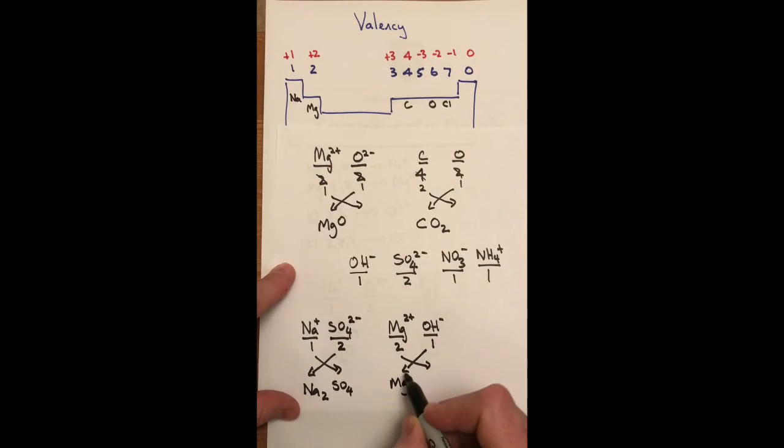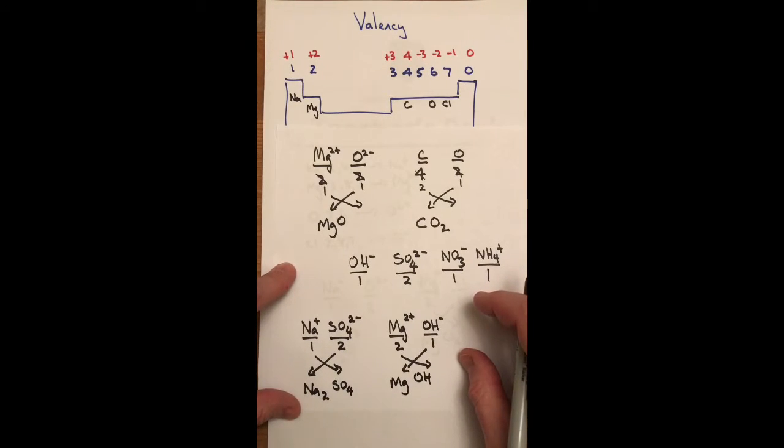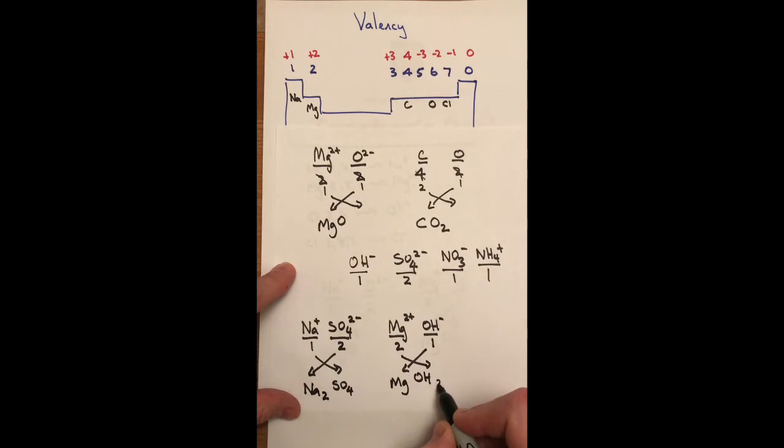Mg gets the number 1, and the hydroxide, the OH, is going to get the number 2. Now we have to be careful. This is where we need 2 hydroxides. So if I just do that, all that is giving me here is 1 oxygen, 2 hydrogens. That's not 2 hydroxides. So to make it give me 2 hydroxides, I've got to put this in brackets, and then there's 2 lots of the hydroxide in that formula.